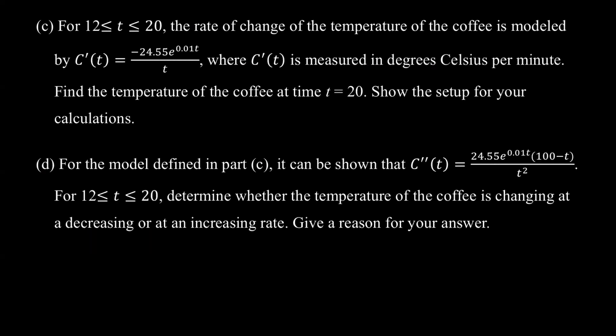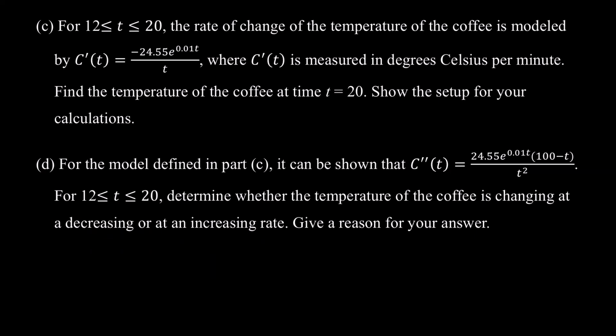In this part of the question, we are being asked to determine whether the temperature of the coffee is changing at a decreasing or an increasing rate for the time between 12 and 20 minutes. Note that we are given the second derivative here. How do we determine that?